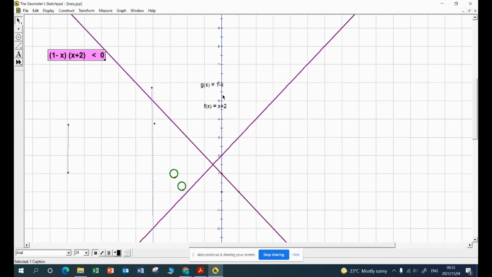To solve this, you just draw the two lines, y equal to x plus 2 and y equal to 1 minus x. You can draw the graphs and work that out.